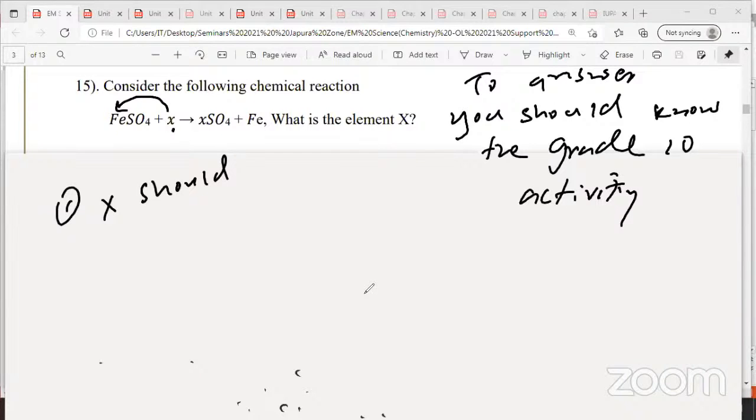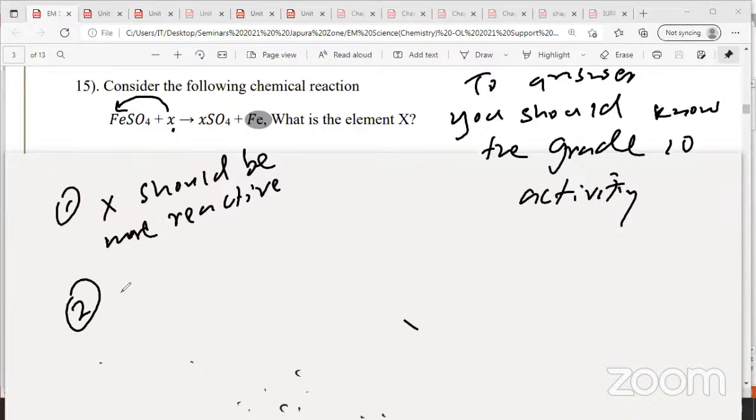Iron has to go alone, leaving space for X. X combines with sulfate. Please write that, X should be more reactive. And it's a single displacement reaction.